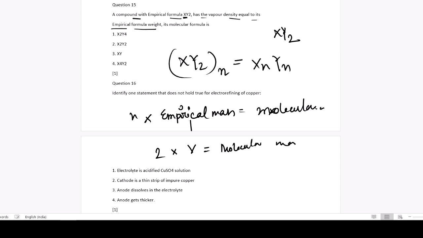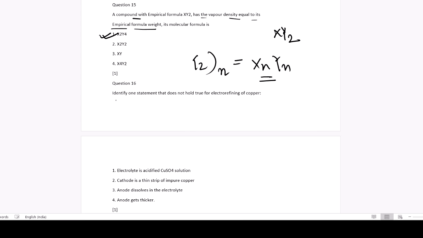If we multiply the empirical mass by 2, we get the molecular mass. So the value of n will be 2 and the formula will be X2Y4. So the formula of the compound is X2Y4.